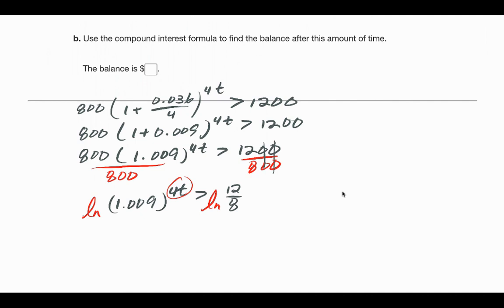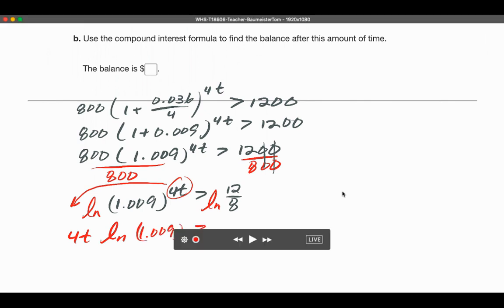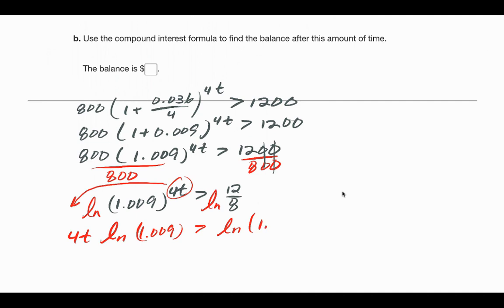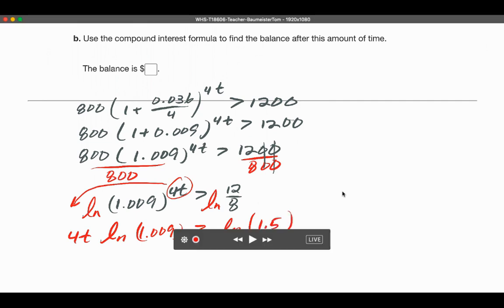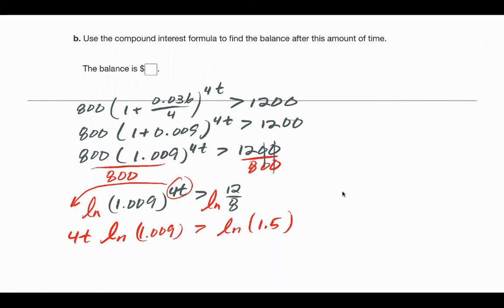So I can now bring that down in front. So now I'll have 4t times the natural log of 1.009. And again, we're going to say that's greater than the natural log of, and if you did 12 divided by 8, you would find it's 1.5.